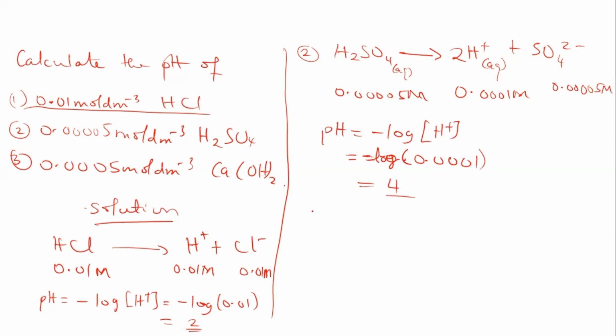Now, number 3, you will calculate the pH of this. So here is calcium hydroxide. I'm going to give you calcium 2 plus, 2OH minus. Oh, sorry, pardon me.